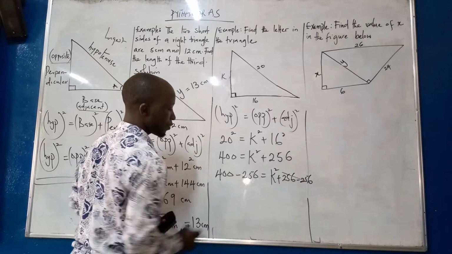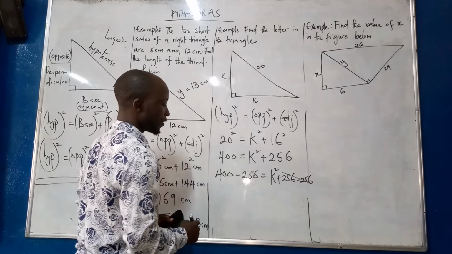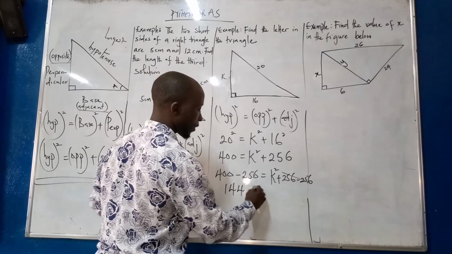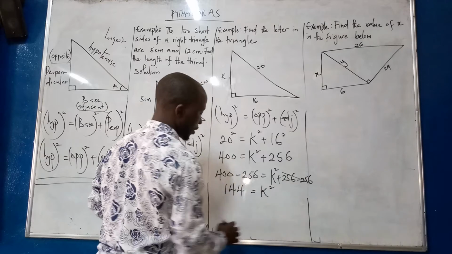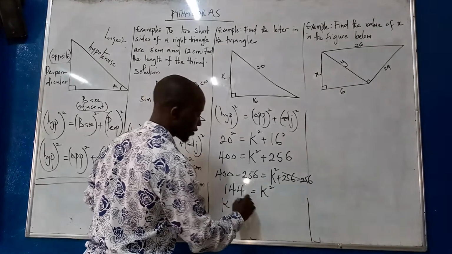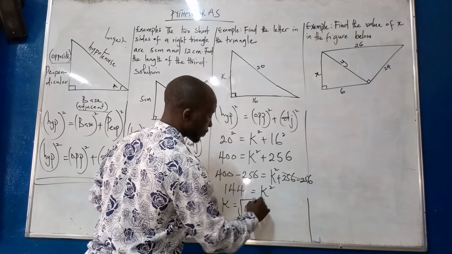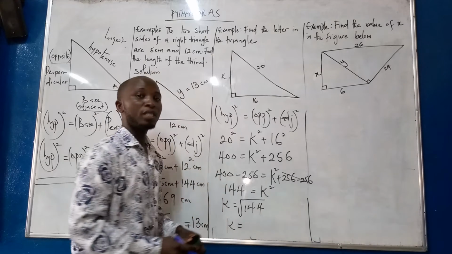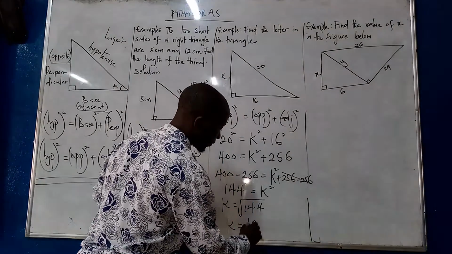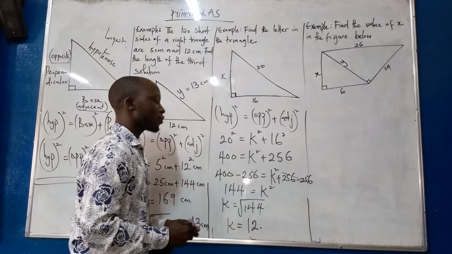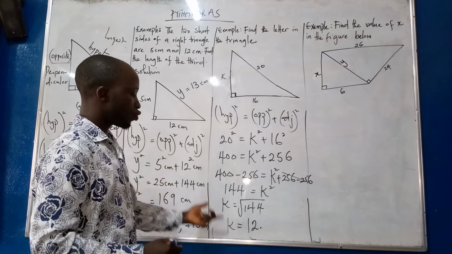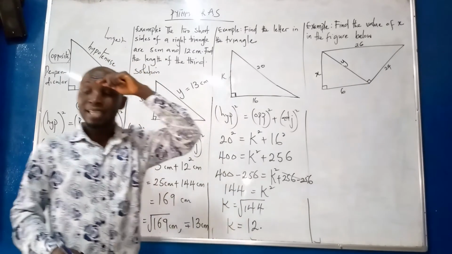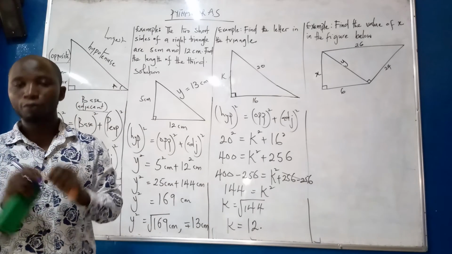Now we have 400 minus 256, and this will give us 144 equals k squared. Now we need the square root, so k is the square root of 144, and the square root of 144 is 12. Therefore, the answer to this is 12, which means the shortest side we are looking for is simply 12.